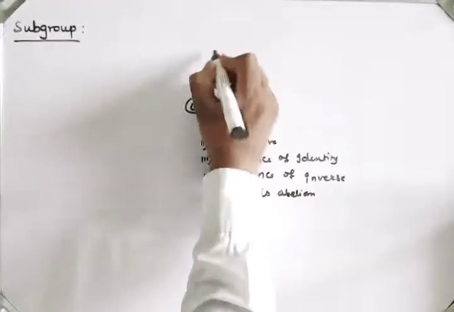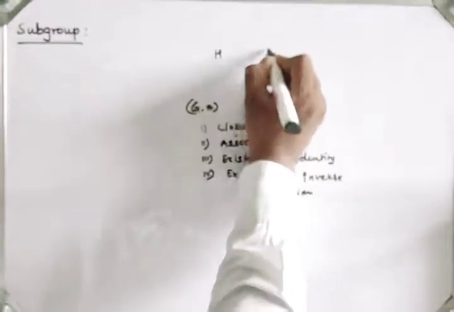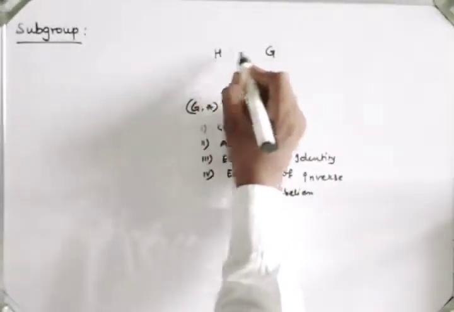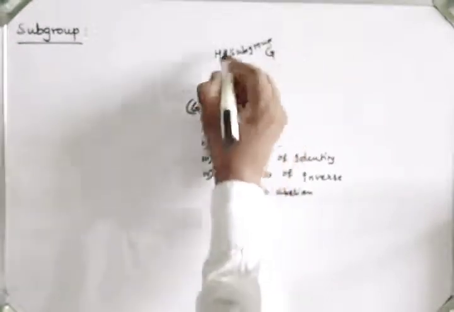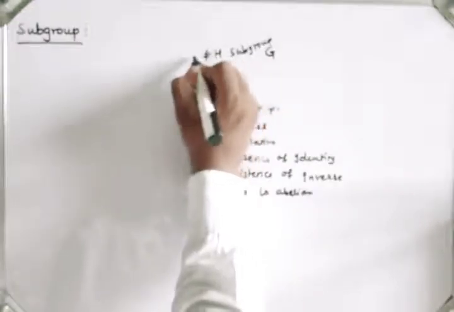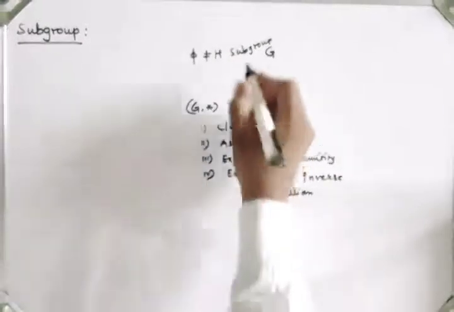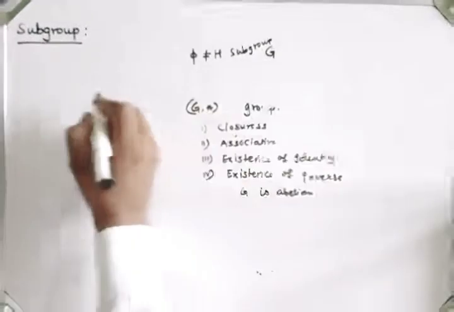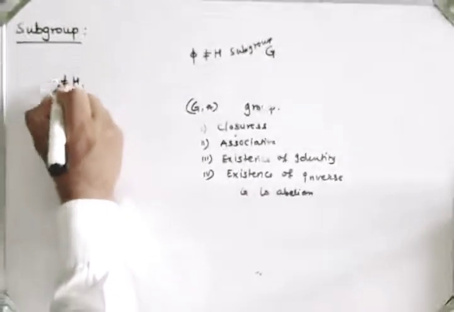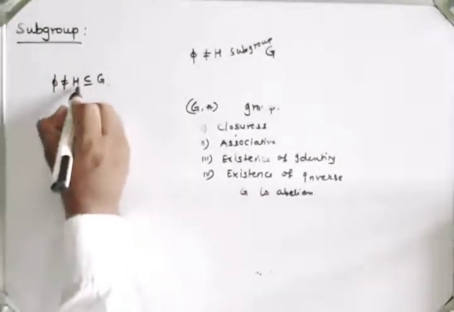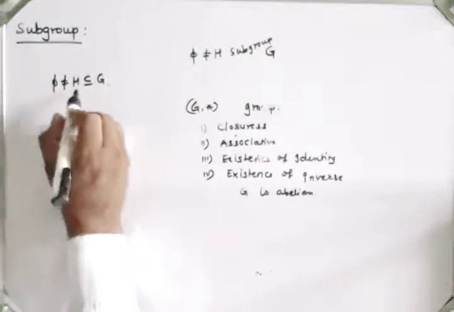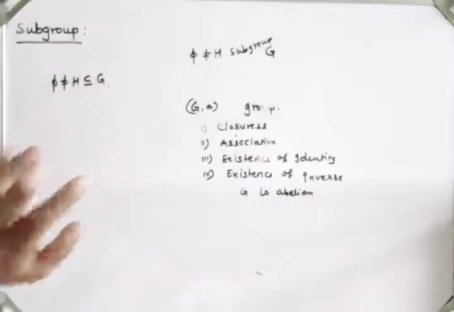Suppose I have a set H and another set G. When is H a subgroup of G? The first condition is that H should be non-empty and a subset of G, and H itself forms a group. Then we say that H is a subgroup of G.